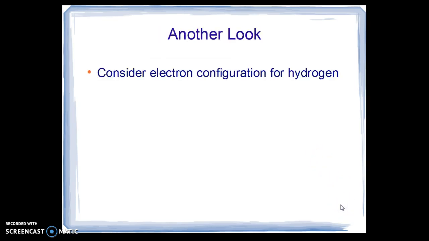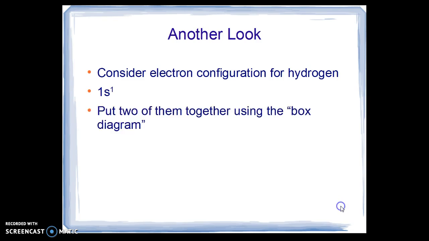Another look. Consider the electron configuration in the box diagram for hydrogen. 1s1. If we put two of these hydrogens together using a box diagram, we see the 1s1 of one hydrogen and the 1s1 of the other hydrogen.